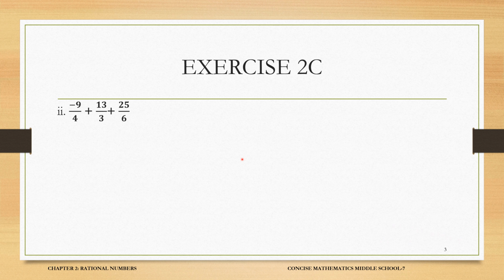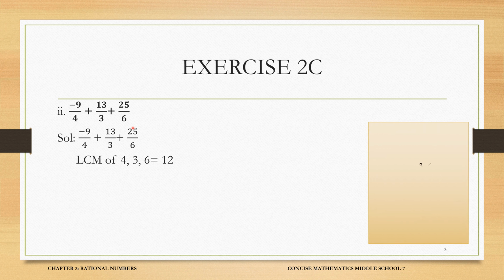Here are another three rational numbers and we have to simplify them. Look here, even the denominators are different. So we need to take the LCM of 4, 3 and 6. It becomes 12. In the rough work, just write down 4, 3 and 6.